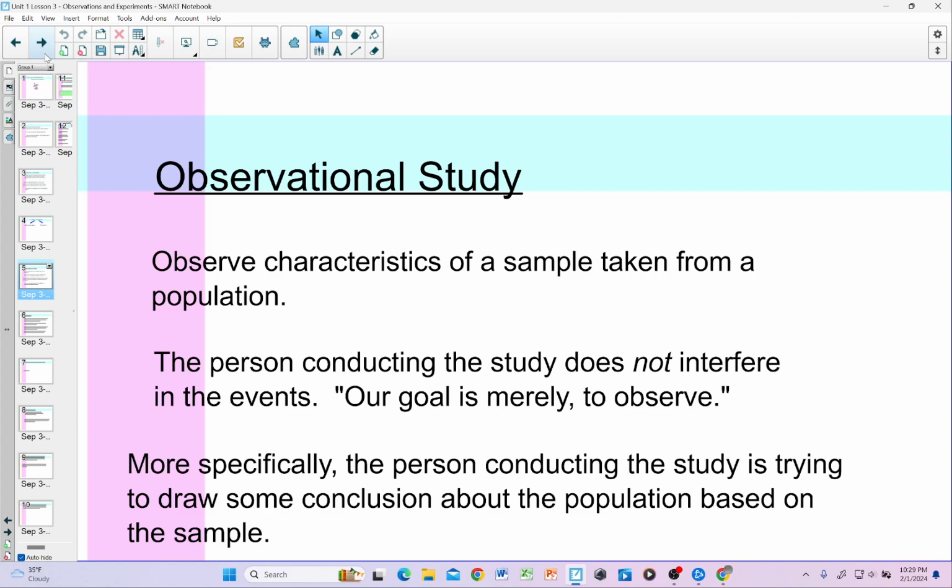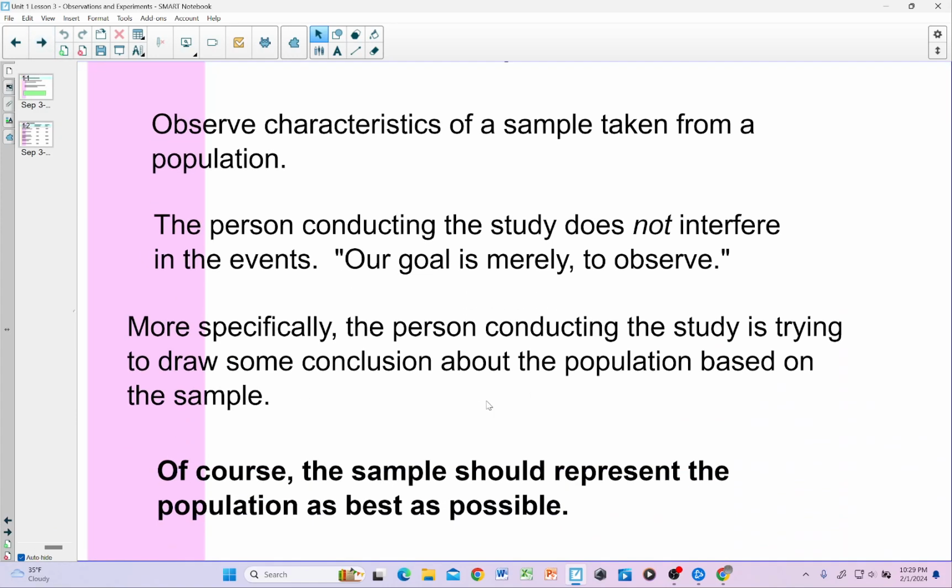So we're going to get into the specifics of how we determine all of that. The biggest key there is that the sample should represent the population as best as possible. So think about Americans. If I want to make a statement or do a study involving people in the US, the people that I ask have to represent your average American.